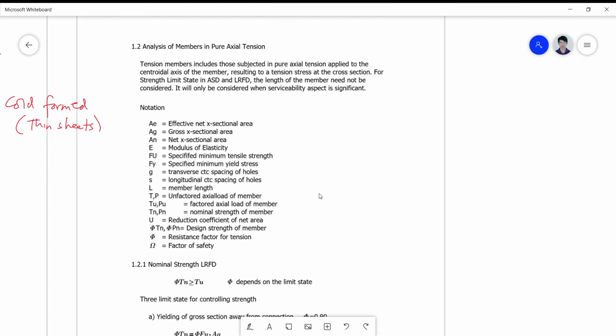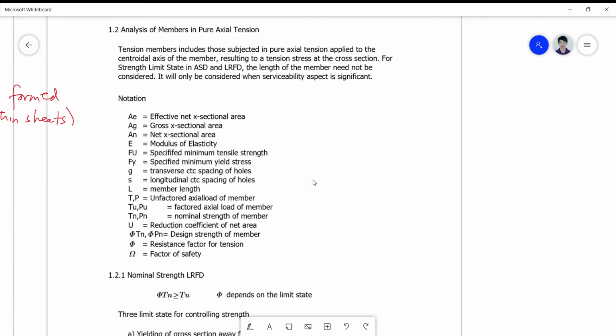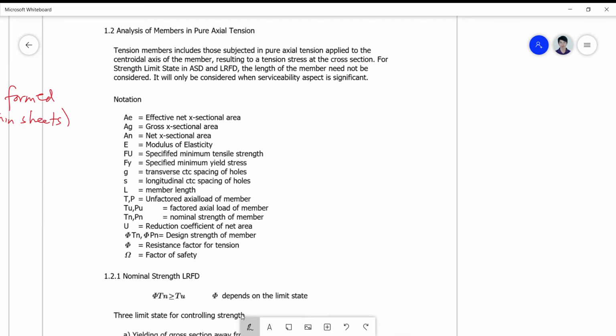Okay, so for the definition of tension members, they are just those members subjected to pure axial tension applied at the centroidal axis of the member, resulting in a tension stress at the cross section.